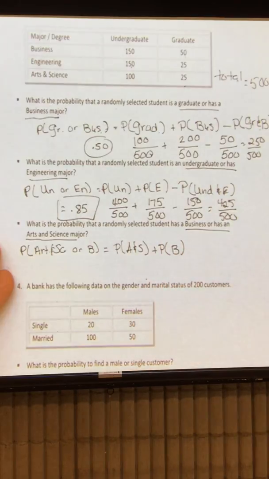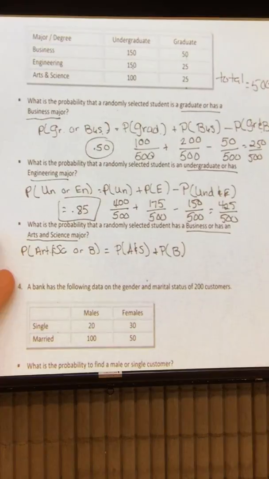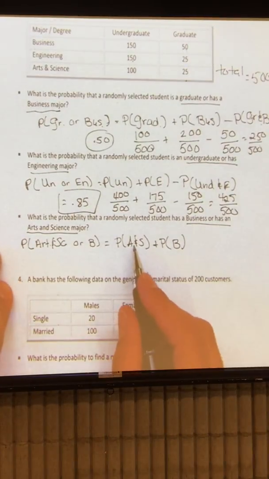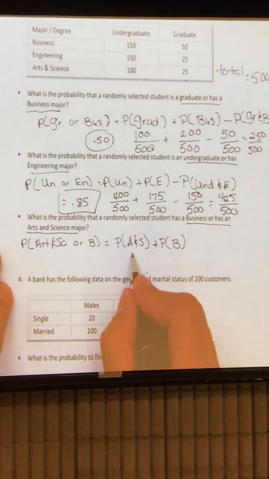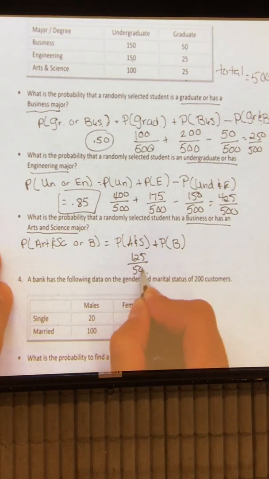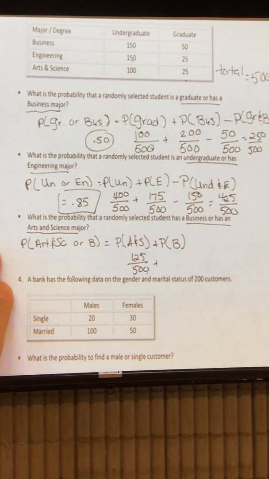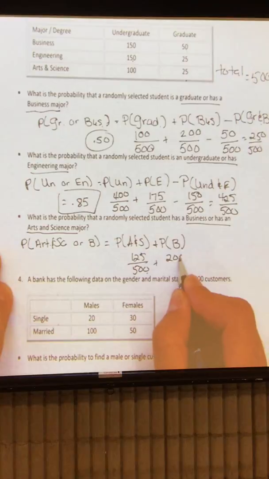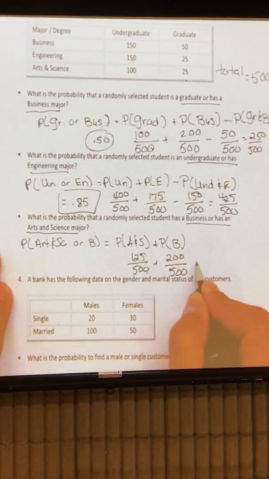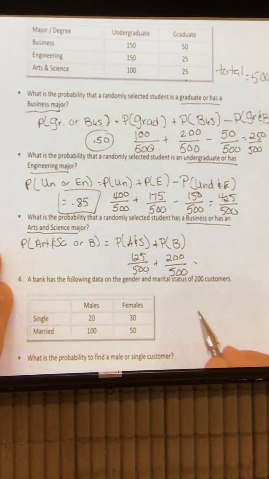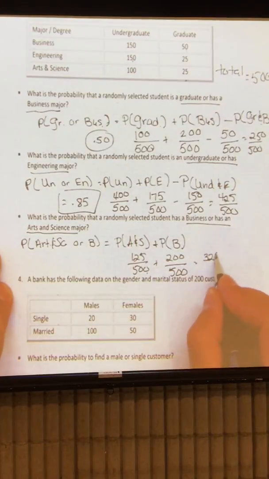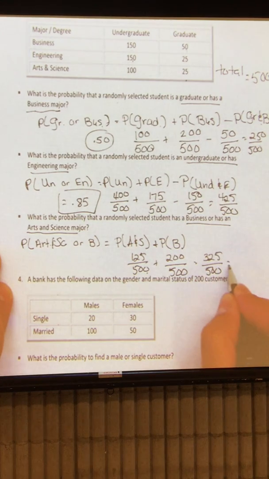Here you don't subtract because you don't have both business and arts and sciences. So for arts and sciences, combining the two, 125 divided by 500, plus the probability of business, 150 plus 50, 200. There's no both, so you just combine 125 plus 200, which is 325, divided by 500, which is equal to 0.65.